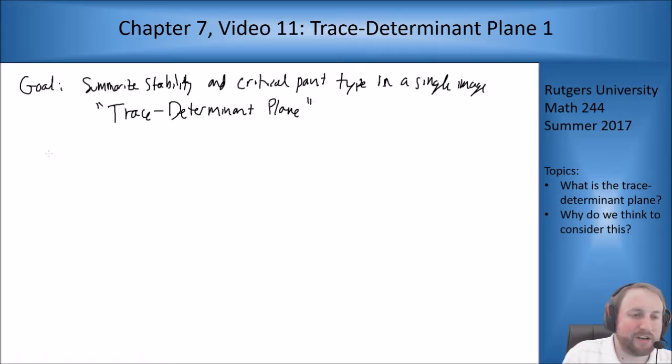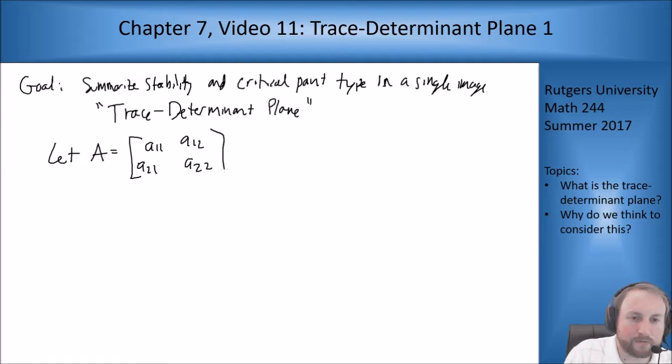So let's say we look at our matrix. We're taking matrix A, which is just going to be A11, A12, A21, A22, and look at how we go about finding the eigenvalues.